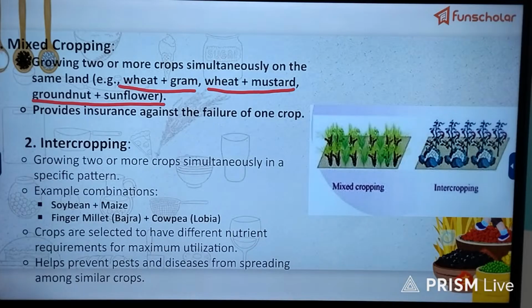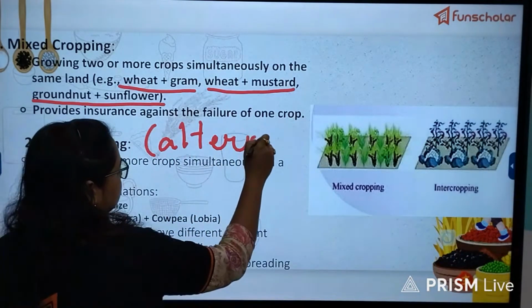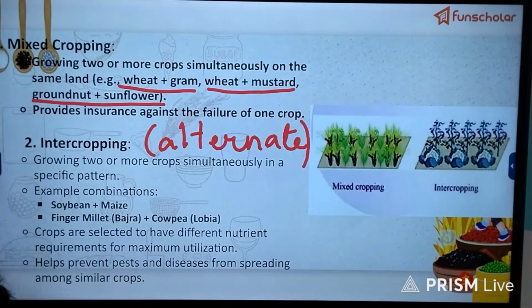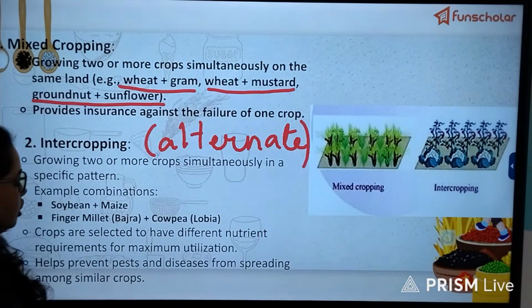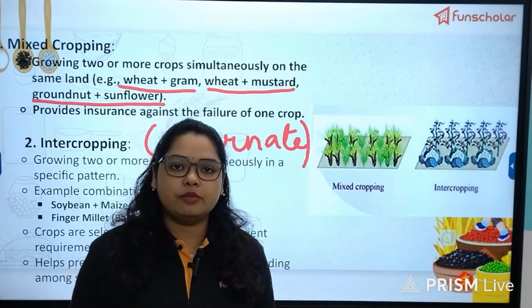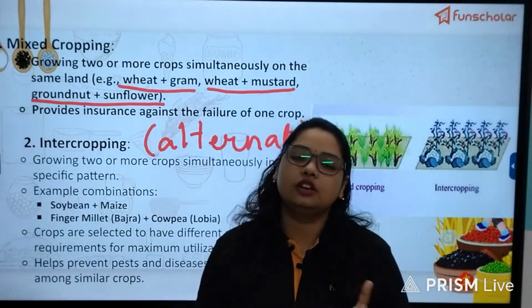Then coming to intercropping, inter means alternate. Here, specifically, the rows are alternated, and again we should look for combinations that will not interfere with each other's requirement for nutrients, rather they will be complementary to each other.